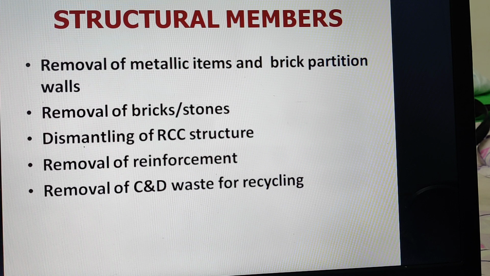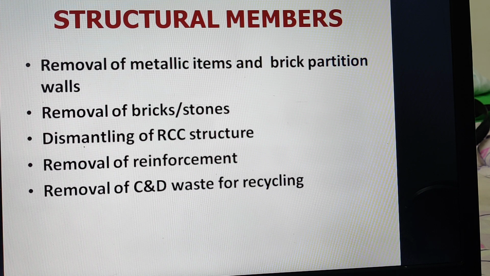If bricks or stones are not to be taken out for reuse, they can also be dismantled, and then what is called recycled aggregate can be used after recycling. Recycled concrete and recycled aggregate both can be reused.